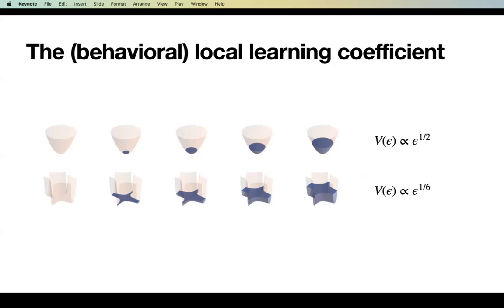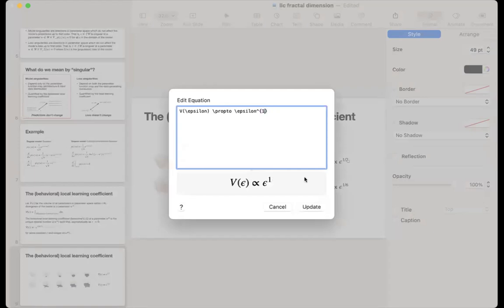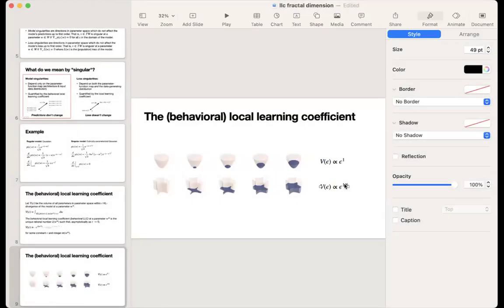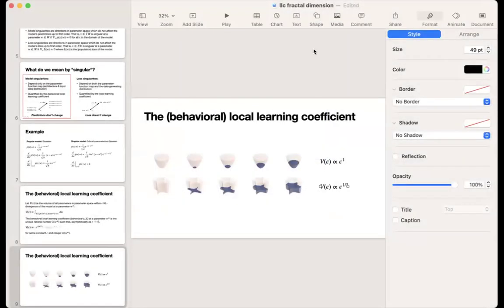Epsilon to the one, and this should be epsilon to the one third, I believe.